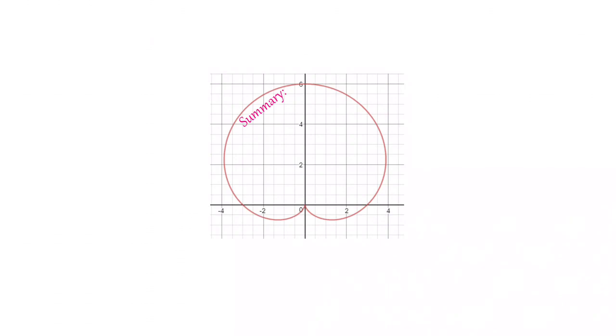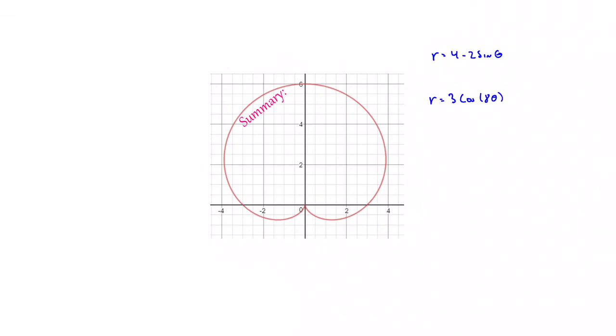Be able to graph them on your calculator, and also be able to identify different equations. So if I write an equation, r is equal to 4 minus 2 sine of theta, which polar equation is that? Or if I say r is equal to 3 cosine of 8 theta, can you identify that?